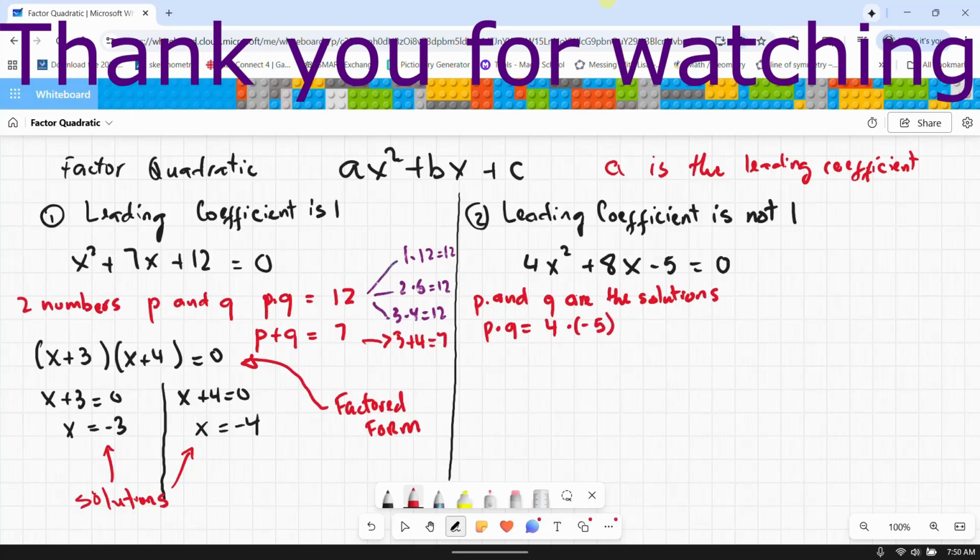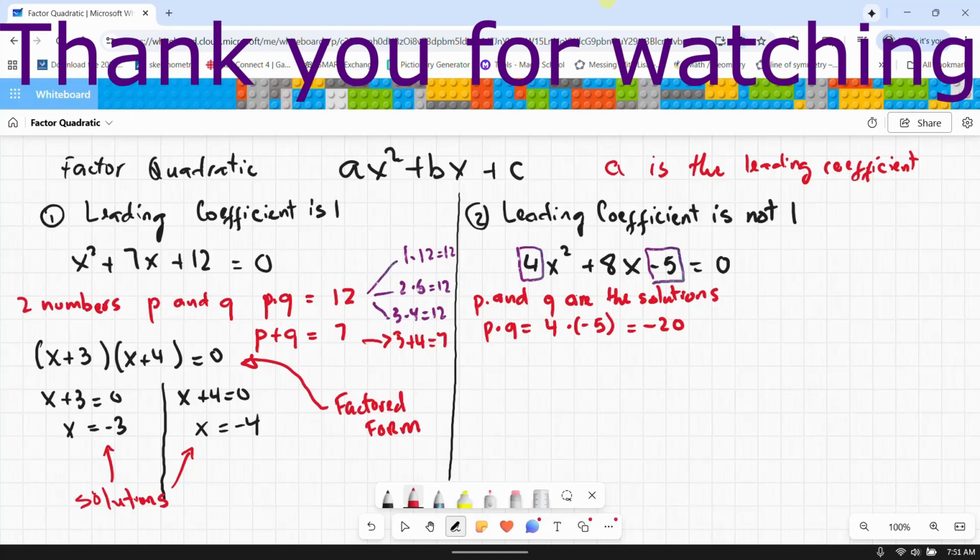So we want the leading coefficient to multiply with the C. So this is equal to a negative 20. And now we're going to factor the negative 20.